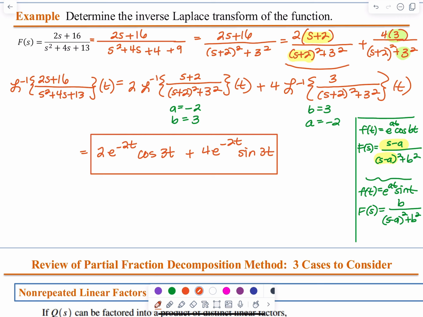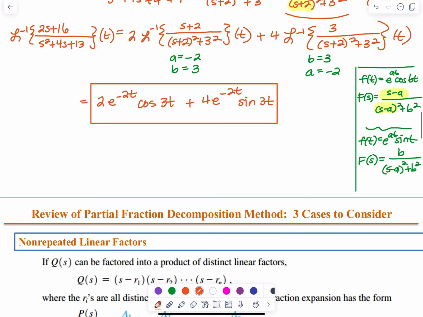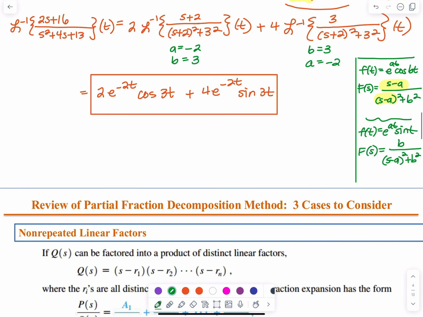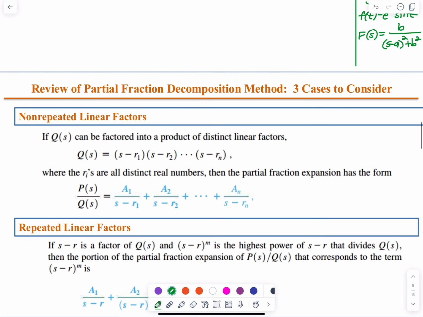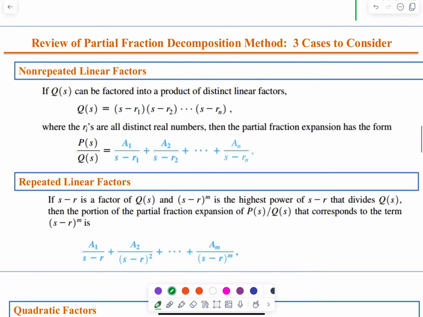Okay. Now, for our more complicated problems, of course, we're going to need to complete the square, and I should probably write that here to get what we want. We're also going to be using partial fraction decomposition. So it's really important that we quickly review this method.